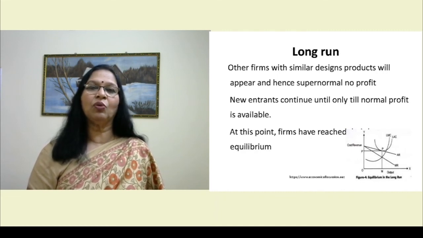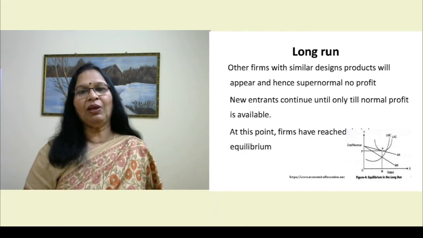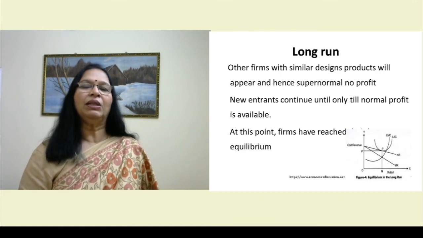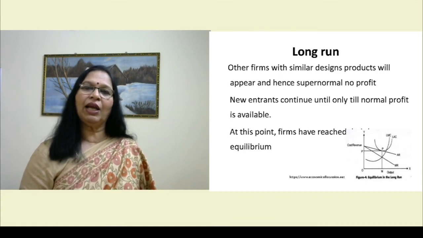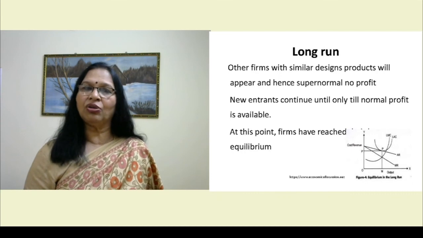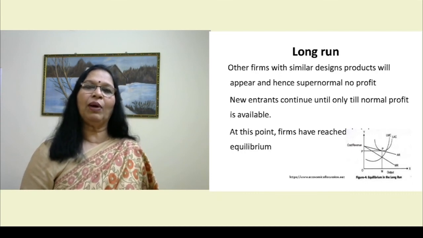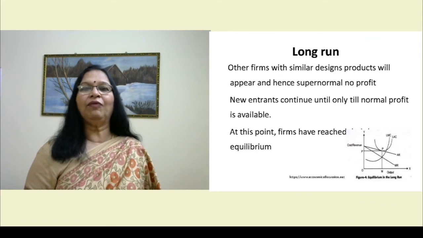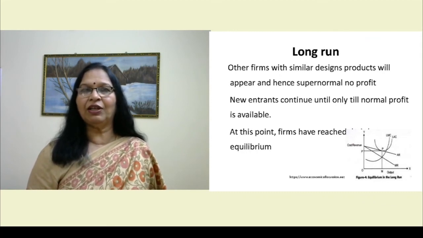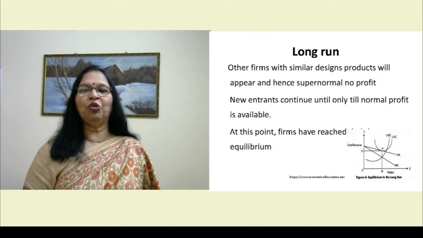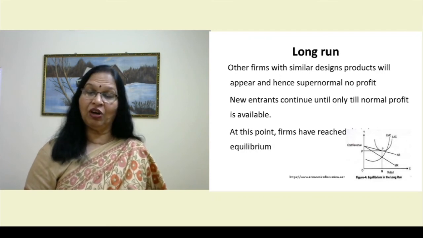Once profits don't continue, the firm will leave that group. This is what we see in our day-to-day life, when we see restaurants closing down, or some product that was available in the market for a while, which we were looking for, and then we discover that the product has left the industry. Those products are not available anymore.